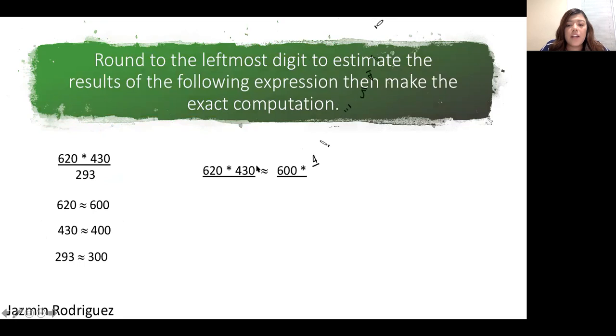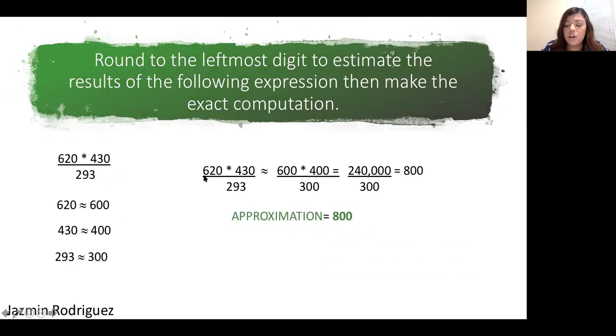And then we go ahead and do our estimation, and we do 600 times 400, which is 240,000. And then we go ahead and divide that by 300, and we get 800. So this is going to be our estimate. And then we're going to go ahead and do our exact answer.